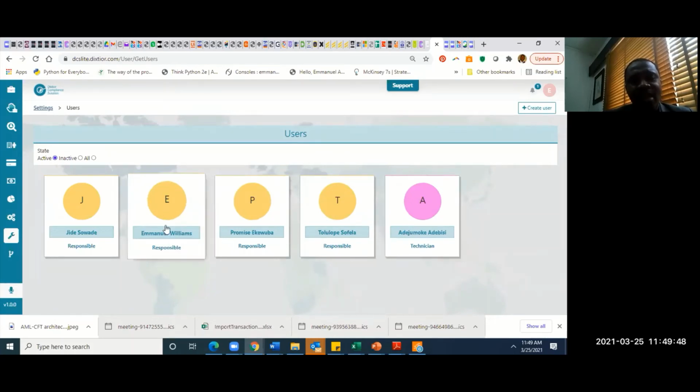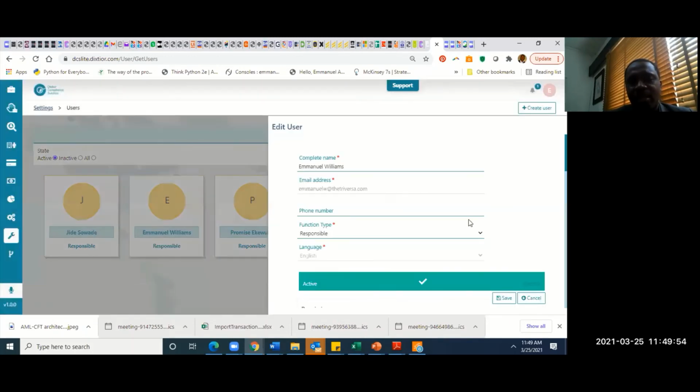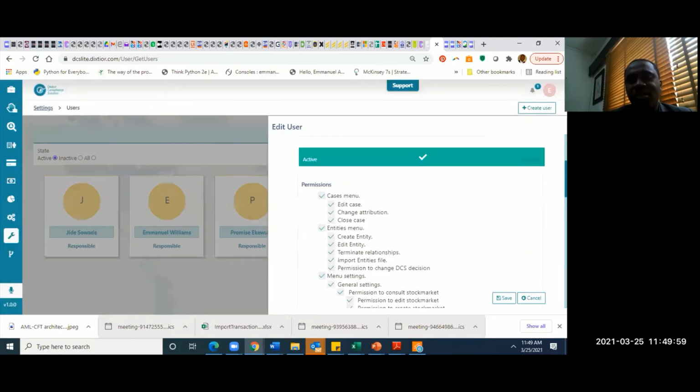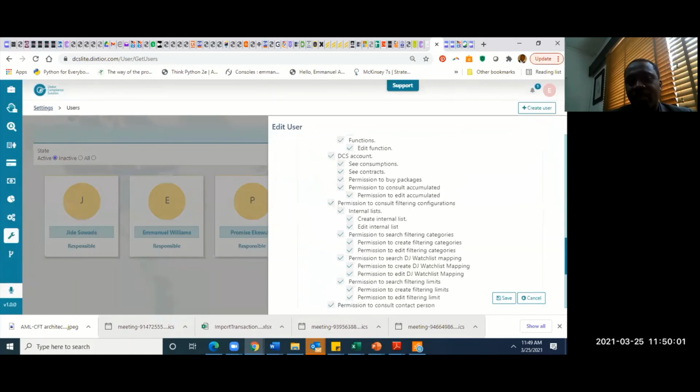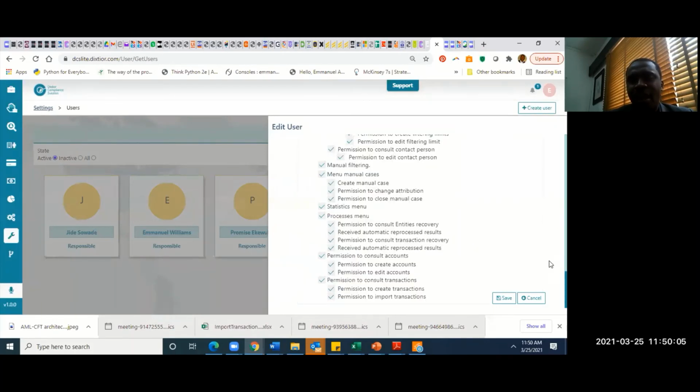For instance, if I look at myself here, you can determine what permissions have been set for me, and you can adjust and customize these permissions as needs arise, and you can even go ahead and create other customized permissions.